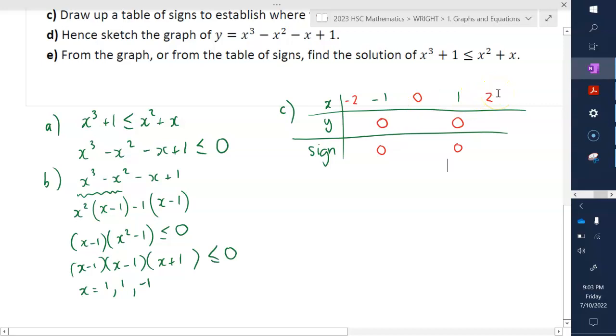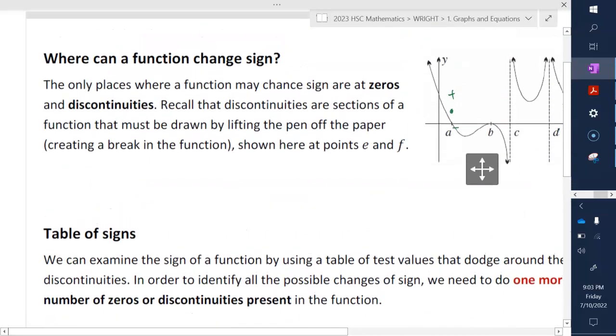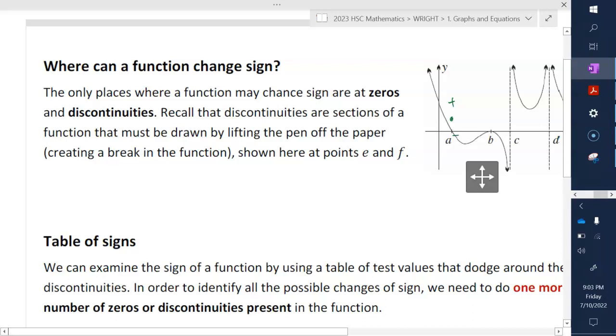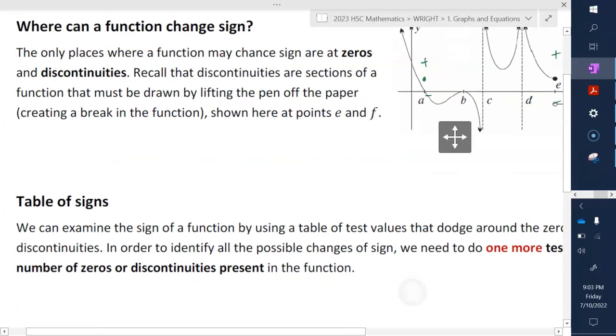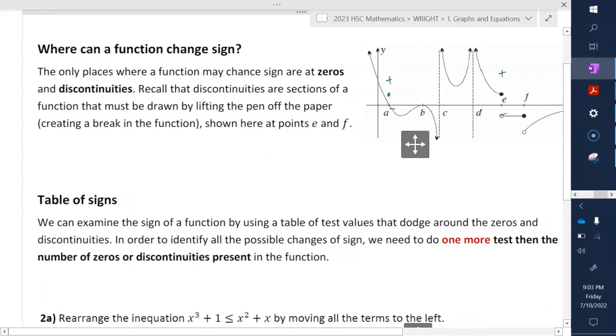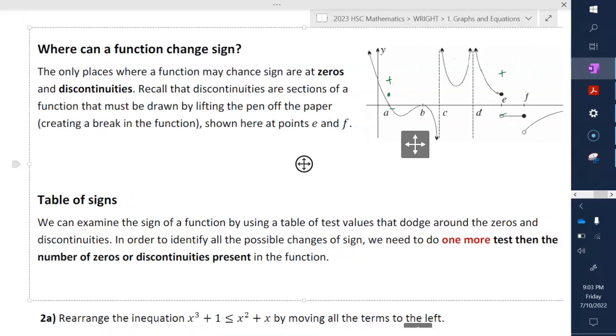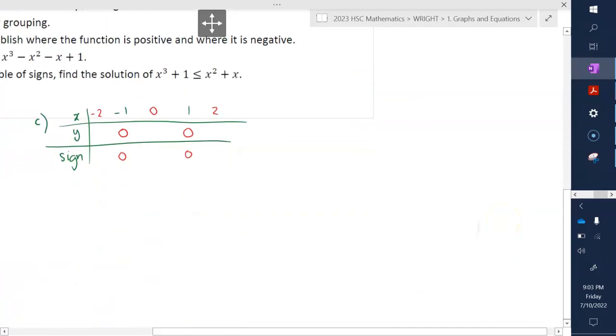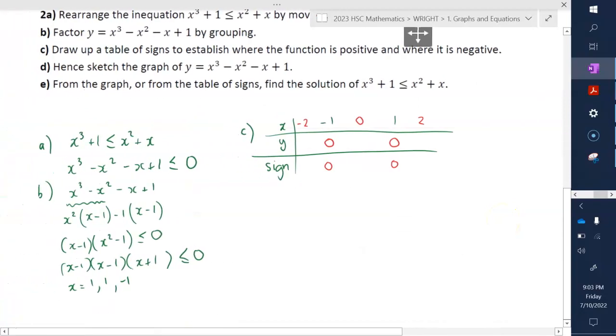Note that the part on the table of signs says we need to do one more test than the number of zeros or discontinuities. We had 2 zeros, so we're going to test 3 points. 1 more than 2 is 3, so we need to test the 3 of them.